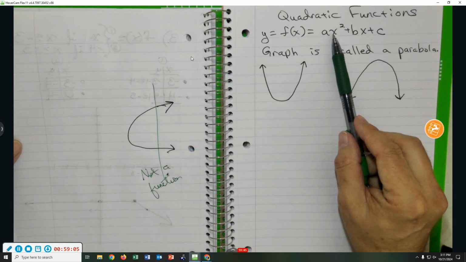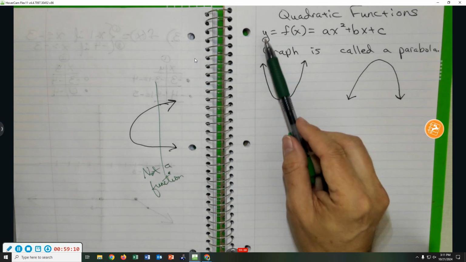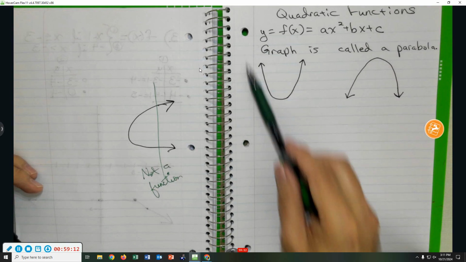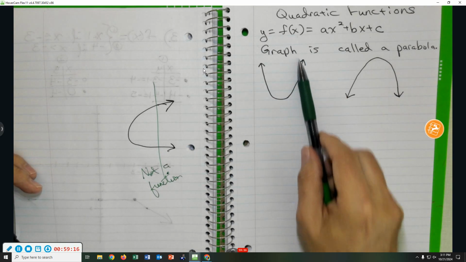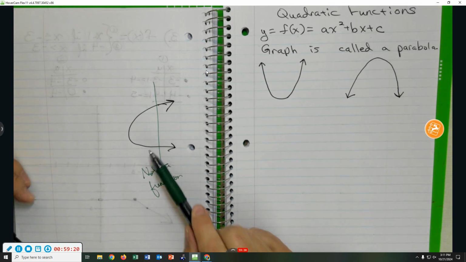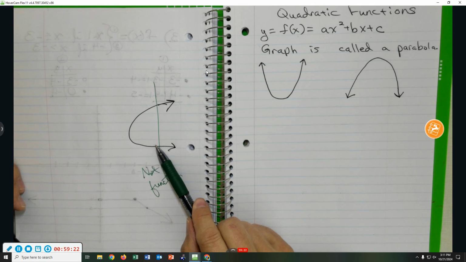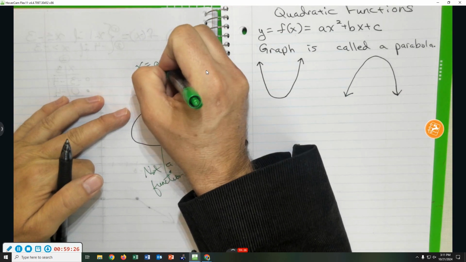For a parabola, a quadratic function, the x squared is being squared. The thing that's not being squared is y. So y-axis runs up and down. So something like this would be in the form x equals ay squared plus by. Don't bother writing this down.